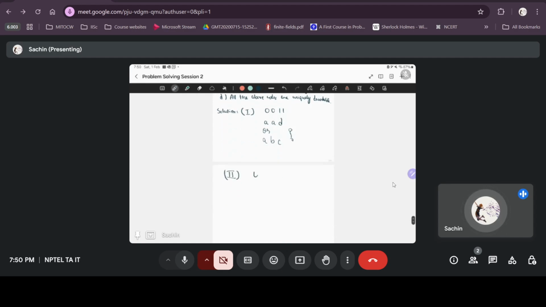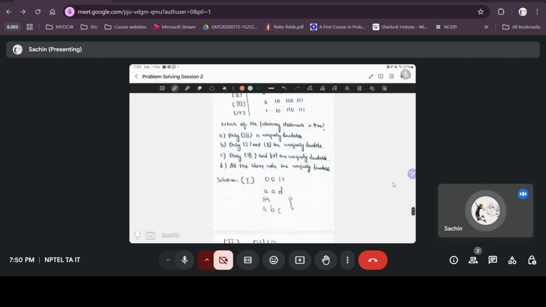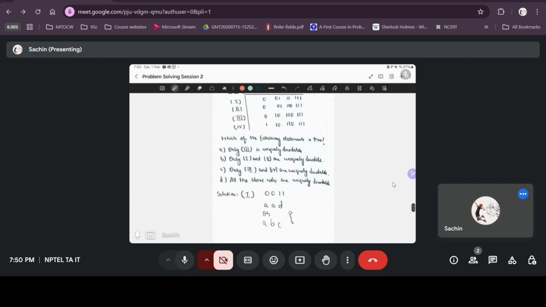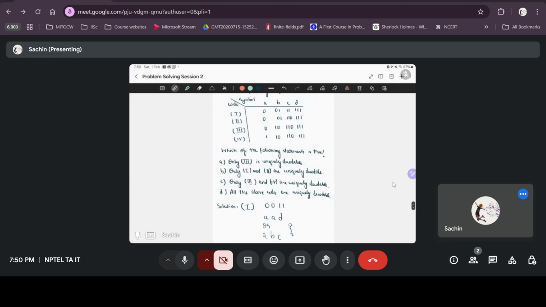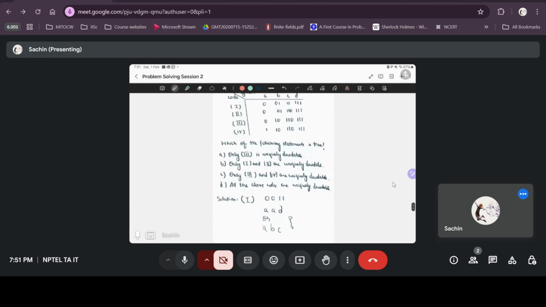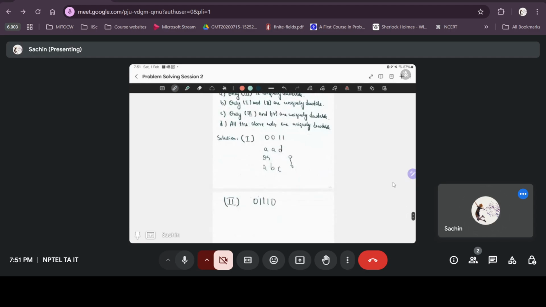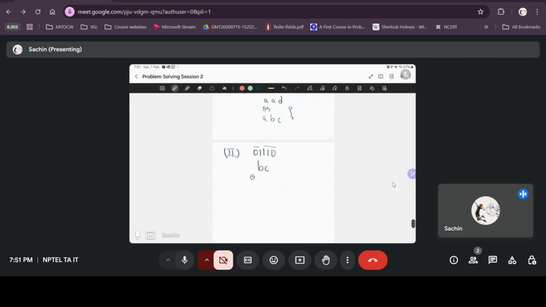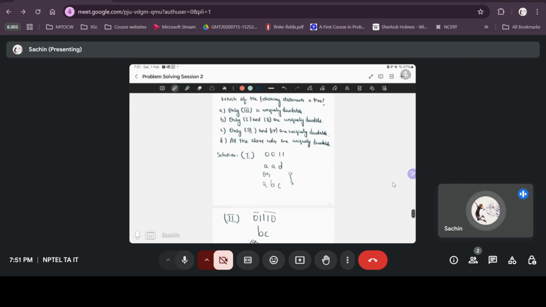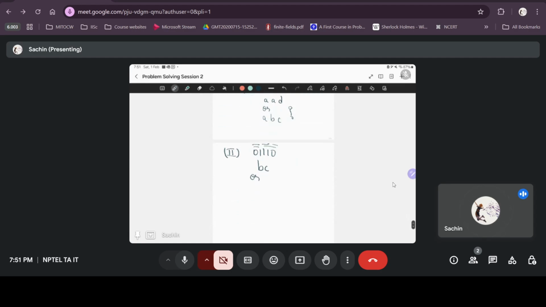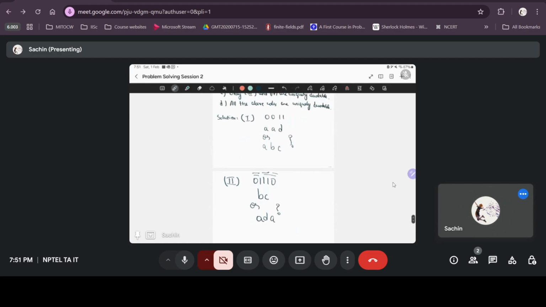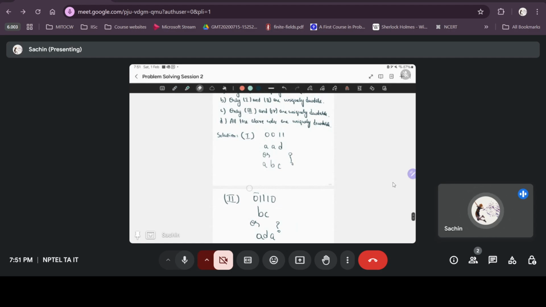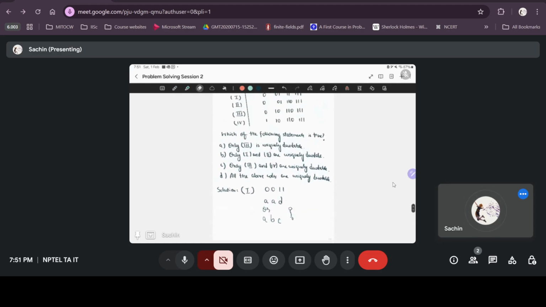So if you receive 01110, you can't tell if that is 01110, which would be BC, or 0111 and 0, which is ADA. So you can't tell just by looking at the bit stream which of these sequences was actually sent.